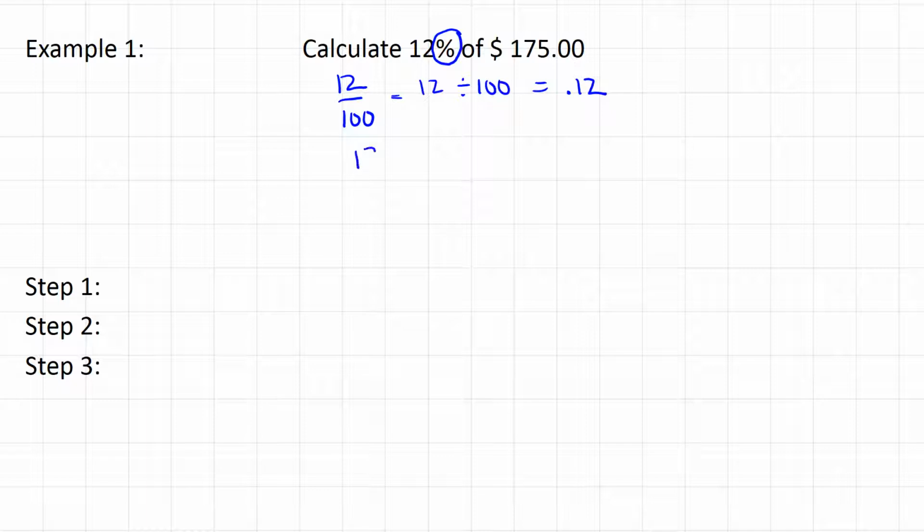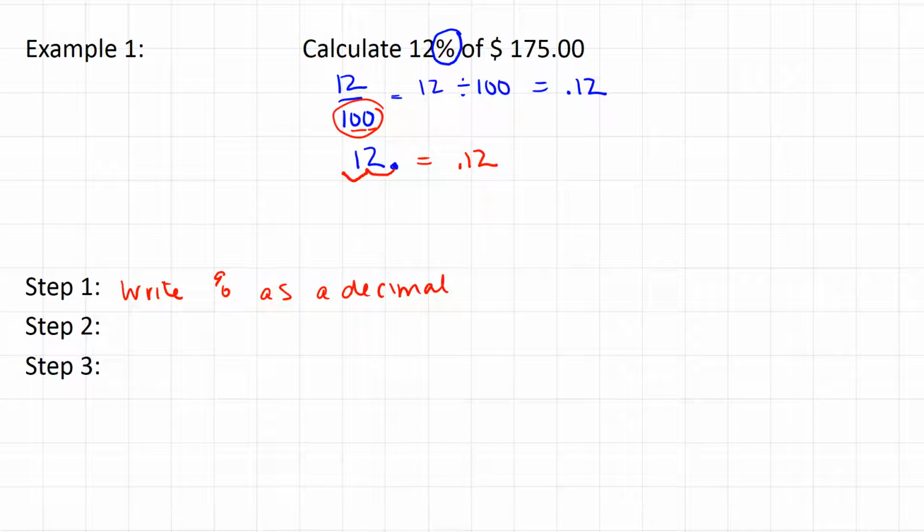So a quicker way of looking at that is to say 12%, the decimal place is right here, and when I divide by 100, it means I'm going to move the decimal place over to the left 2. Why 2? Because there's 2 zeros in the 100. So 12% written as a decimal is 0.12. So that's the first step, to write the percentage as a decimal.